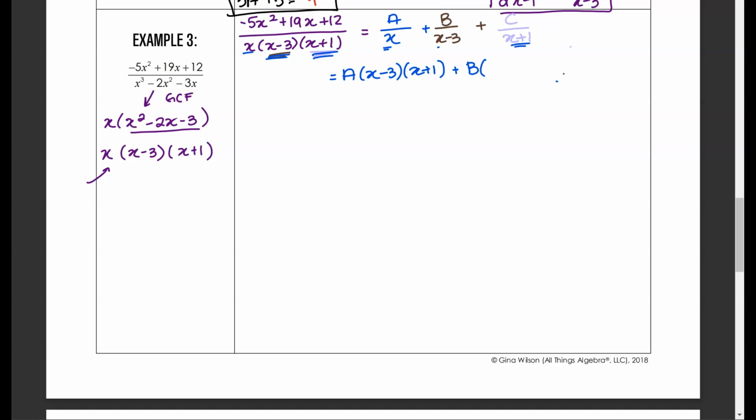So it's going to be b times x plus 1. And lastly, the c is going to be missing x times x minus 3. And so this is what the numerators look like. So let's go ahead and multiply this out so that we can simplify.